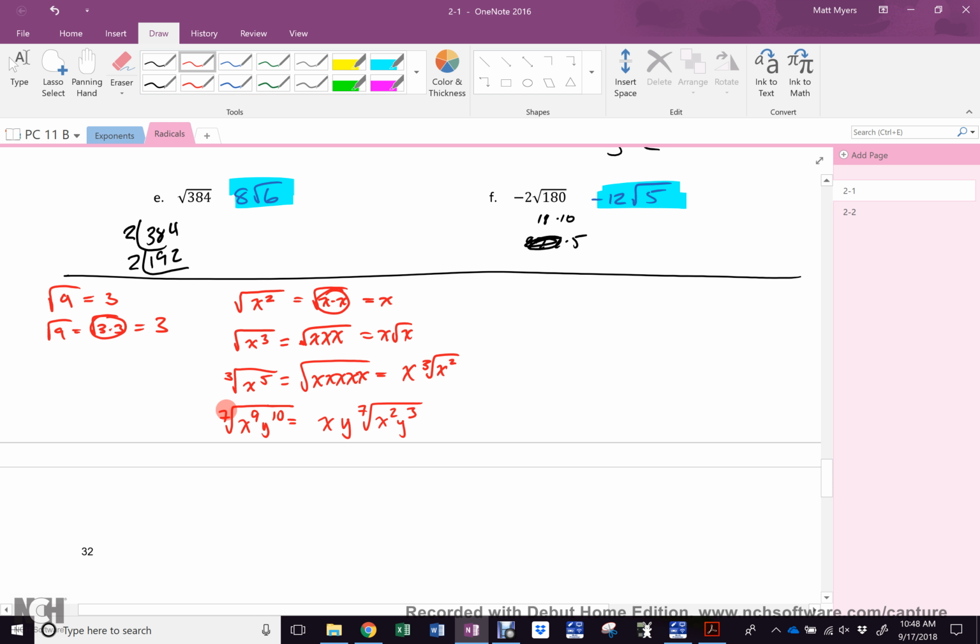Please notice, the 7 means I'm taking out groups of 7. 9 minus 7, there's one group, so out comes an x. But I left 2 x's under. Everybody cool?